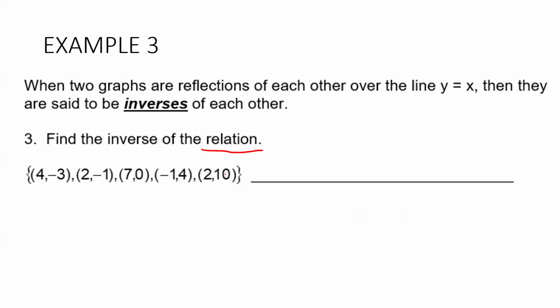Why did I call this a relation? The twos repeat, right? So this isn't a function, it's just a relation. So we're going to find the inverse of the relation. If I want to find the inverse of this, all I'm doing is swapping, right? Switching the x's and the y's.